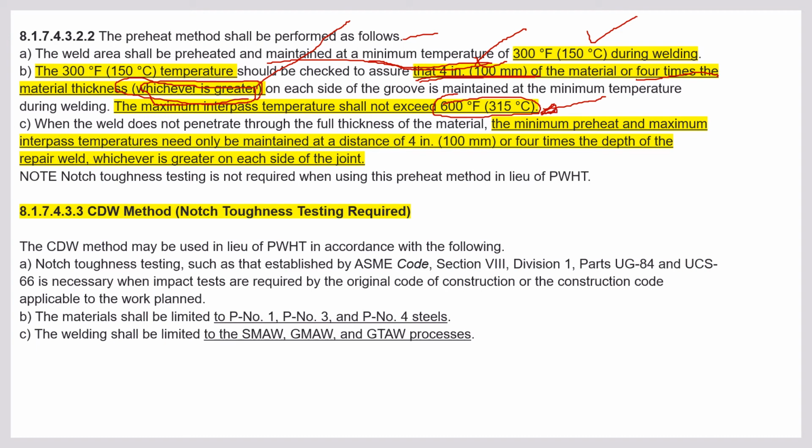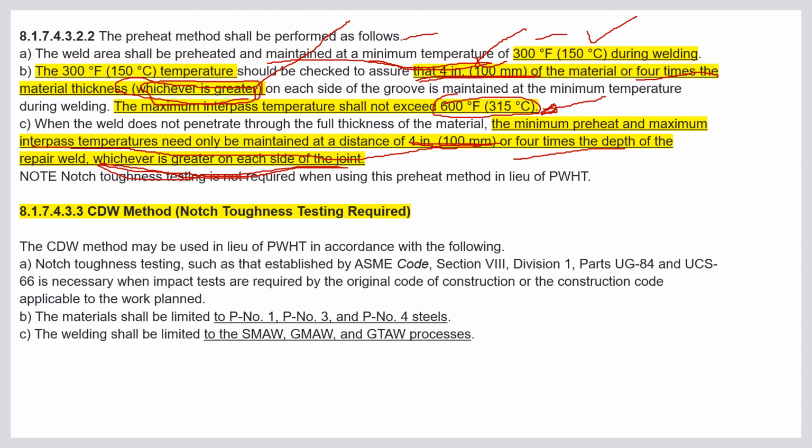And when the weld does not penetrate through the weld metal thickness, the minimum preheat and maximum interpass temperature need only be maintained at a distance of 4 inch or 4 times the depth of the weld repair, whichever is greater. So these are the requirements for preheating in order to avoid the PWHT. So you have to remember everything very clearly. I will repeat one more time.